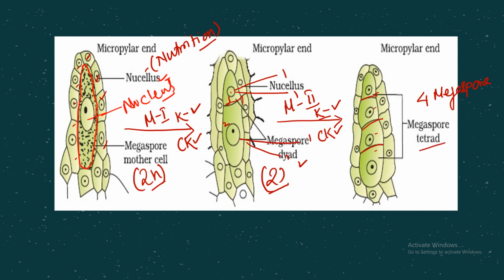And once the megaspore tetrad forms, out of these 4 megaspores, the 3 megaspores towards the micropylar end will degenerate. Okay, इसका मतलब 4 के अंदर में जो 3 मेगास्पोर है towards the micropylar end, ये लोग degenerate हो जाएगा.